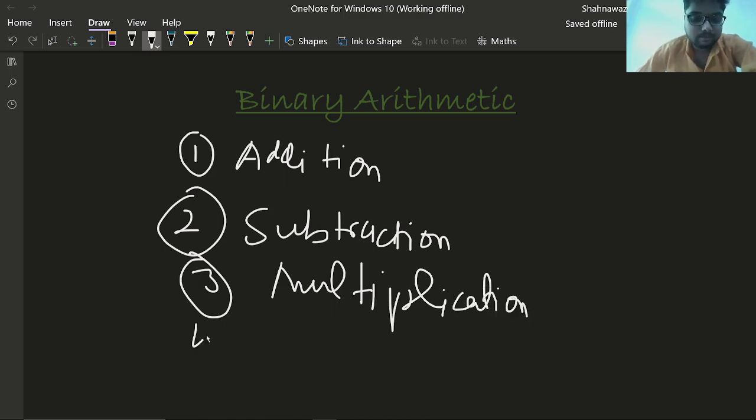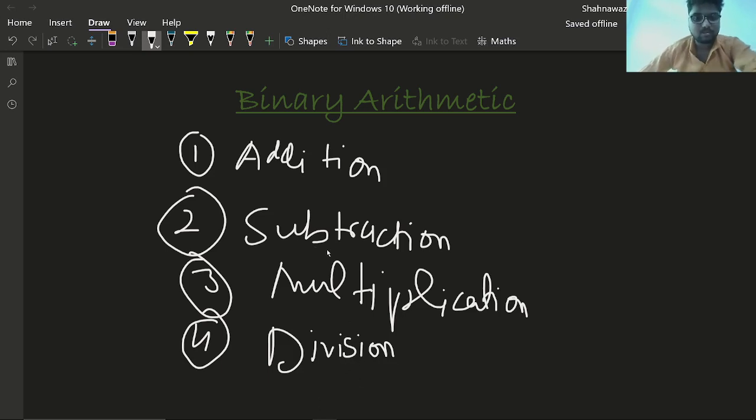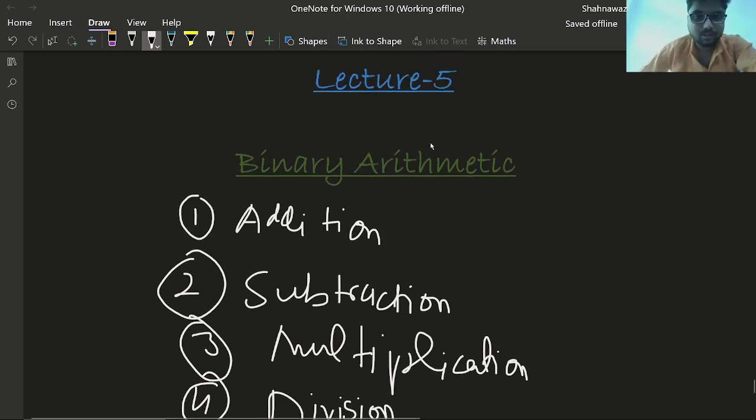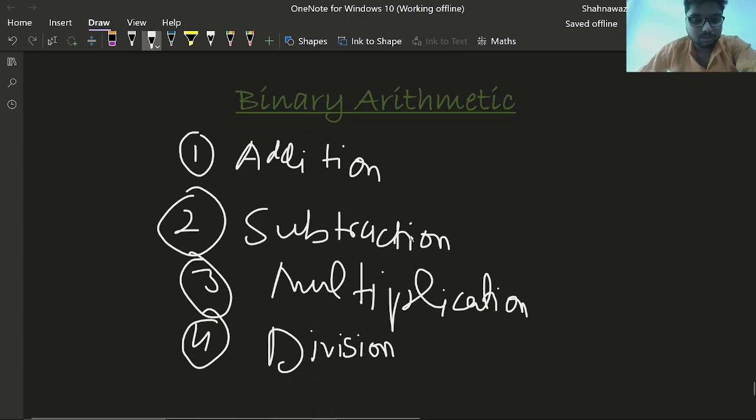And then we will have division. These are the four basic arithmetic operations: addition, subtraction, multiplication, and division.